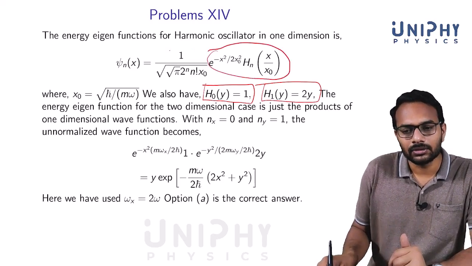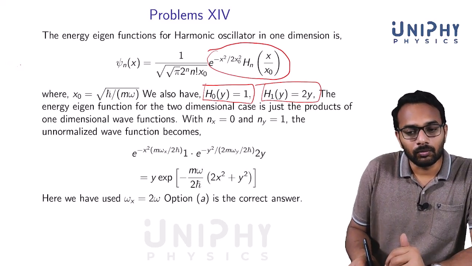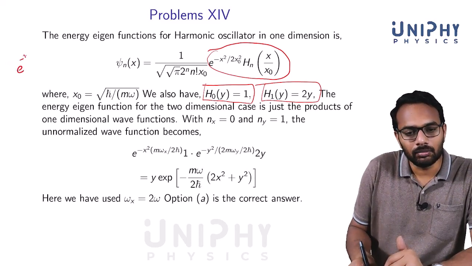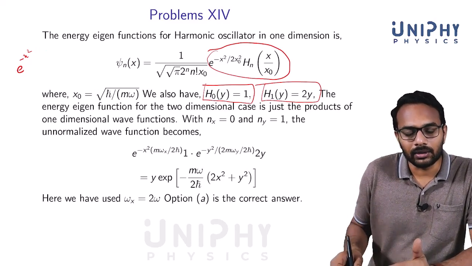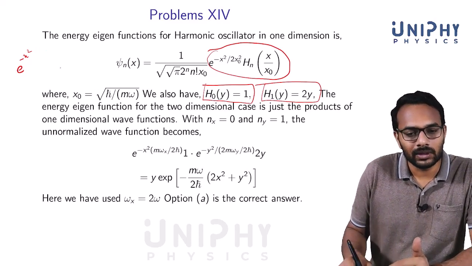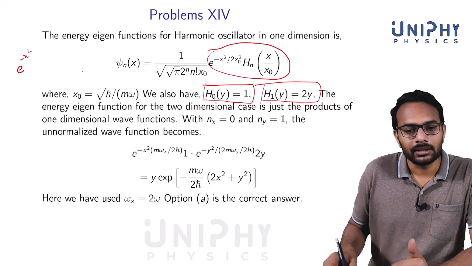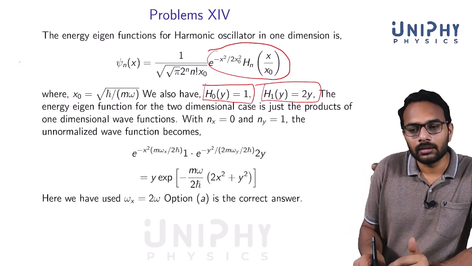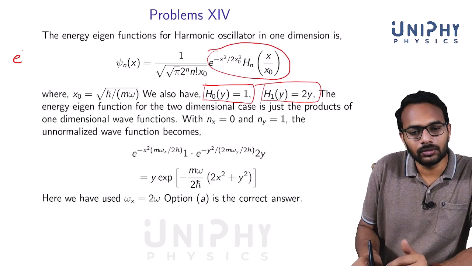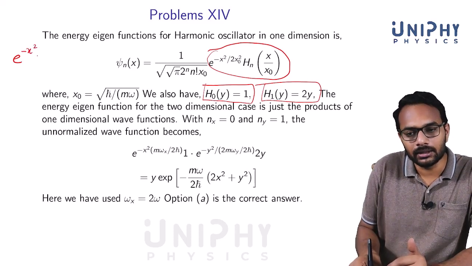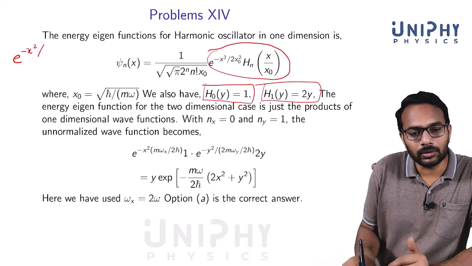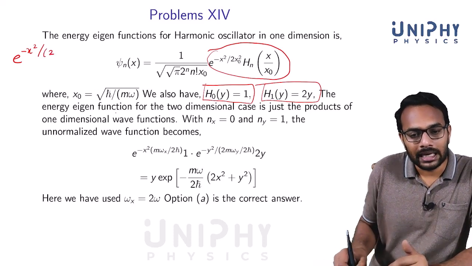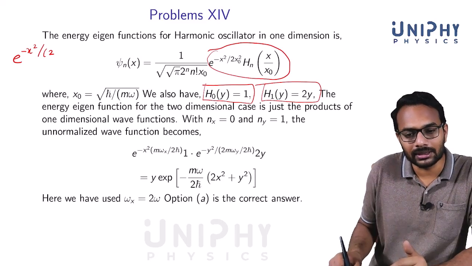All right. So one part of the wave function will be e raised to minus x square divided by 2x0 square. And what's x0 square? 2x0 is the square root of h cross by m omega, so x0 square is h cross by m omega.